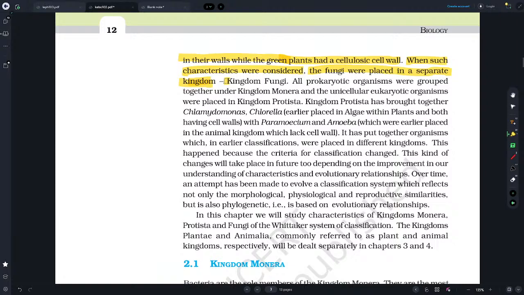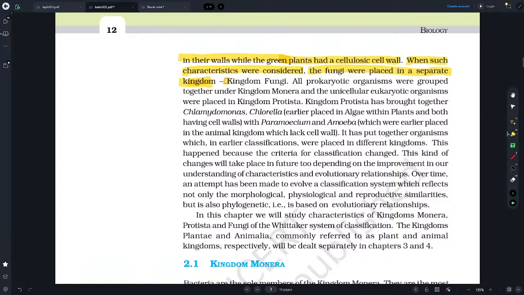Chlorella was first placed under the kingdom of Plantae because it was found to have a cell wall. Chlamydomonas and Chlorella are now together with Paramecium and Amoeba, which were earlier placed in the animal kingdom because they lacked a cell wall. It has put together organisms which in earlier classification were placed in different kingdoms.